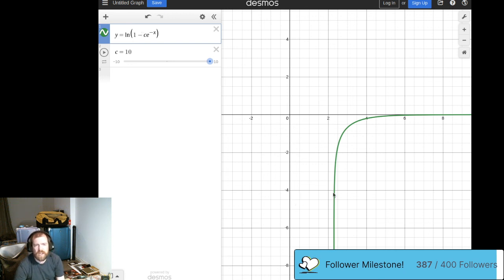Oh no, x is. If x is negative, if x is 2.3. Okay, now I don't understand.